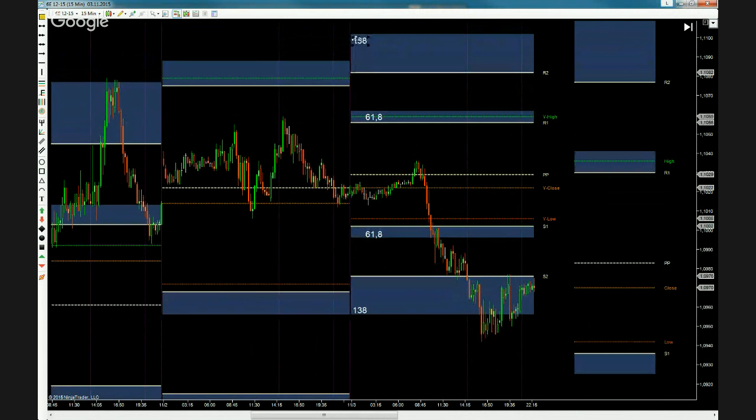Of course, you see also here there is no pivot range. It wouldn't make sense to have that, the distances from the pivot. So you can work with the low and close and yesterday's high level in addition to the pivot levels here.